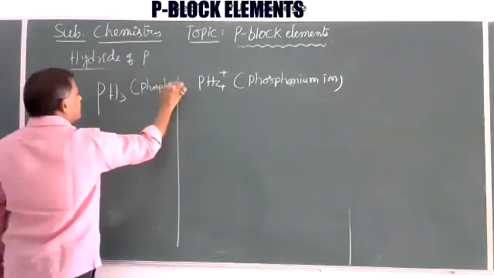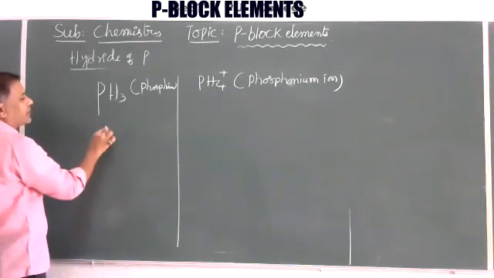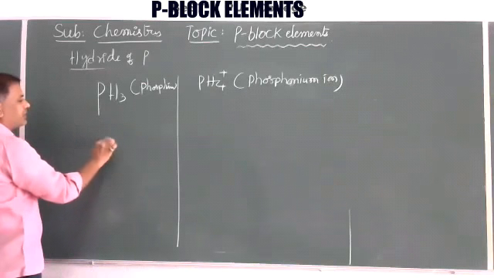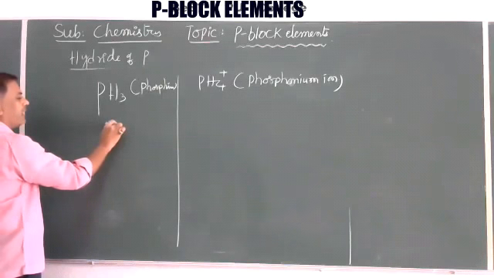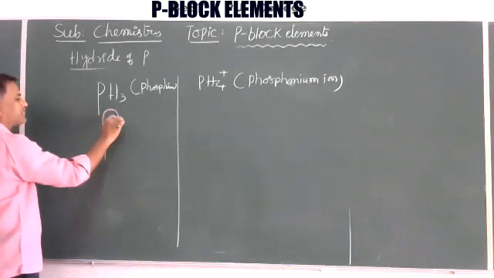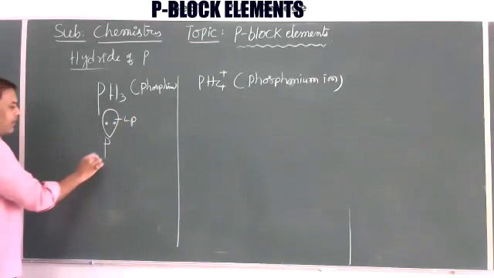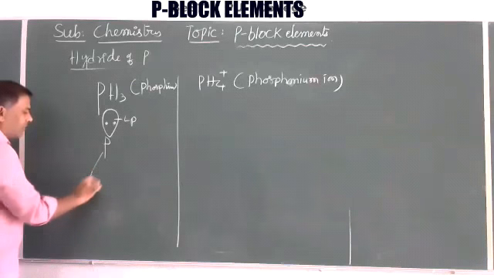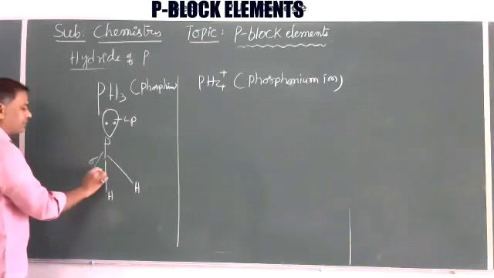In this phosphine molecule, around phosphorus 5 valence electrons are there. Out of 5 valence electrons, one pair is a lone pair, LP, and 3 are covalent bonds with 3 hydrogen atoms. Sigma bonds are 3.